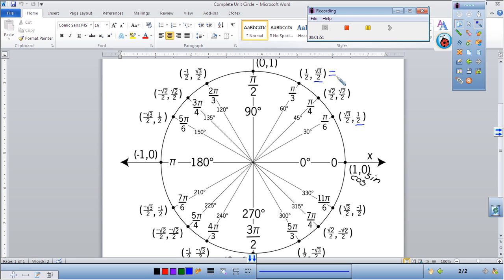And let's see what that equals. Take your calculator, turn it on. Enter the square root of 3 divided by 2, and I get 0.866.